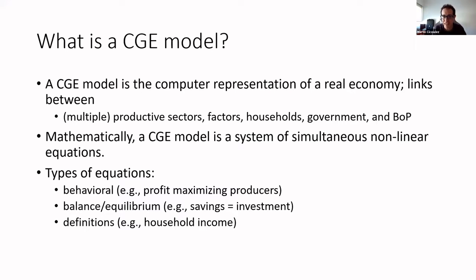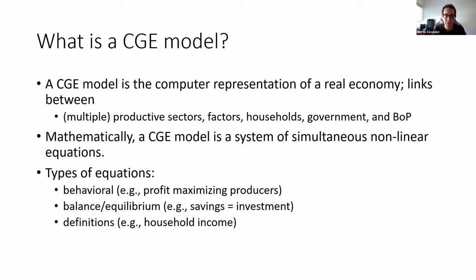In our case, at least male and female labor. It will have households, government, and the rest of the world will be part of the model, capturing the balance of payments. So a CGE model will be a representation of the economy with all its elements, and it will have the connection between the different elements.